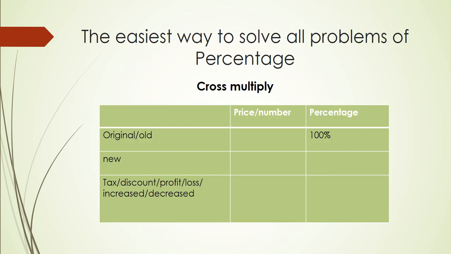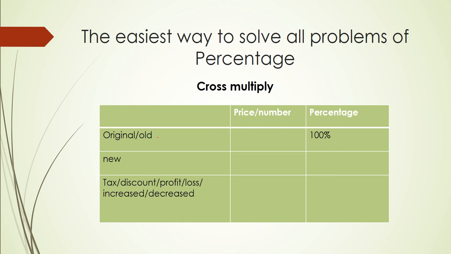Now, the easiest way to solve all types of percentage problems is to cross multiply. Now, what variables are we going to cross multiply? I have designed a table. It's composed of 3 rows and 3 columns. If you look at the columns, we have the price, number, or value of anything, and the percentage of that thing.